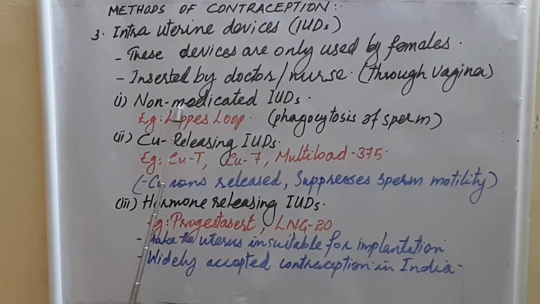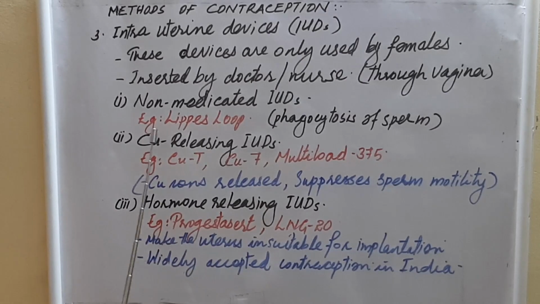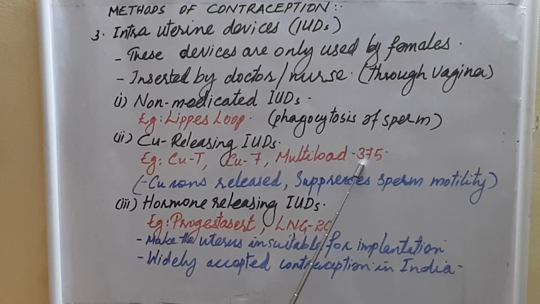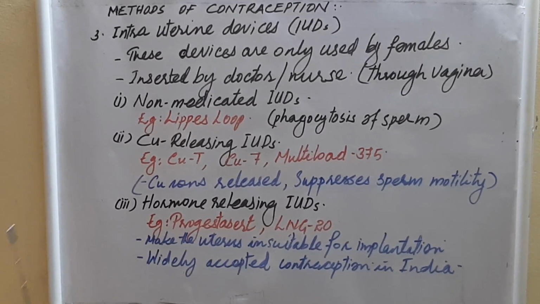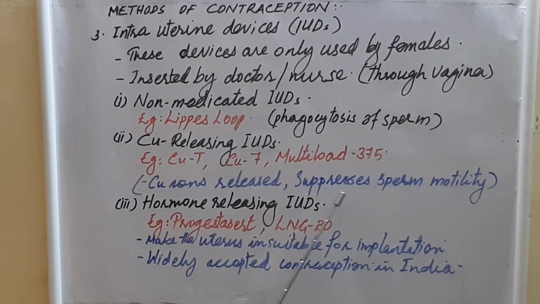First, non-medicated IUDs, example Lippes loop. It helps in the phagocytosis of the sperm. And second one is the copper releasing IUDs, for example copper T, copper 7, multiload 375. These copper ions released suppress the sperm motility and thereby delay fertilization.